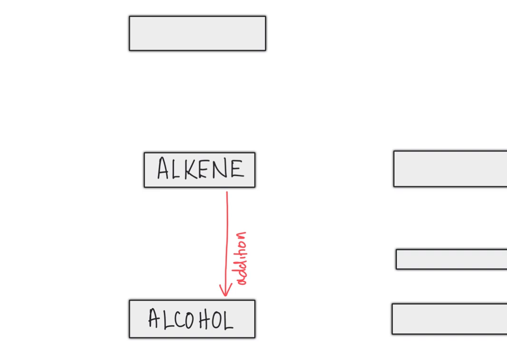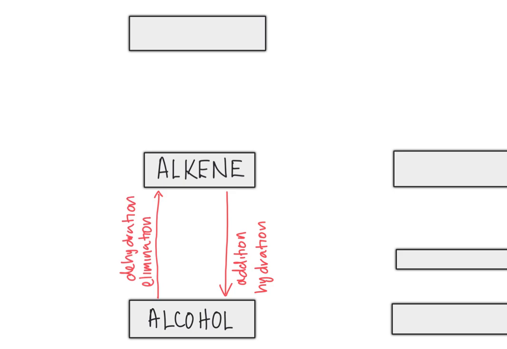Now my addition reaction for an alcohol, I can do hydration. Okay. If I want my alcohol to then become an alkene, I can do an elimination reaction. And that would mean I would do dehydration.